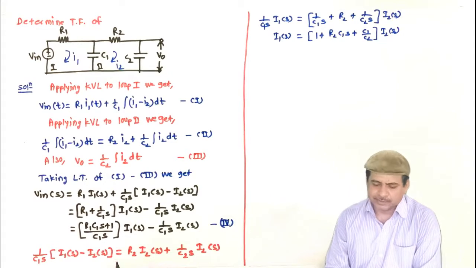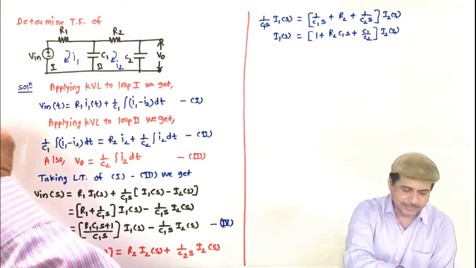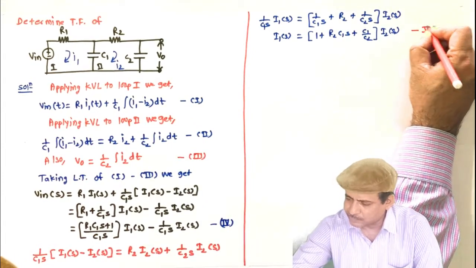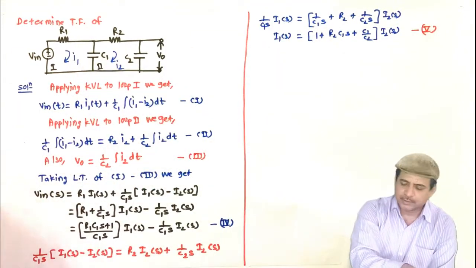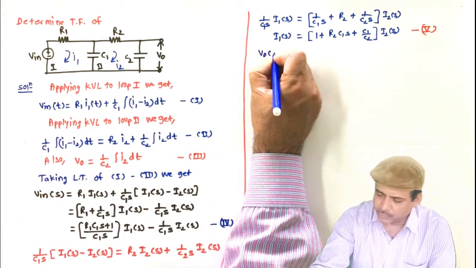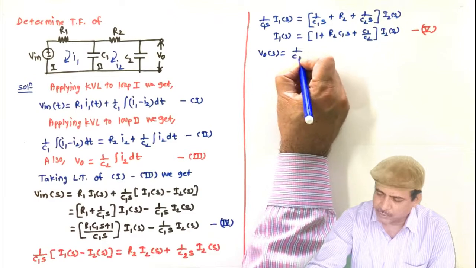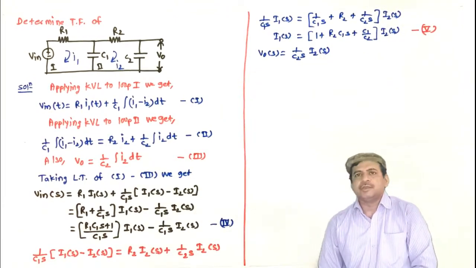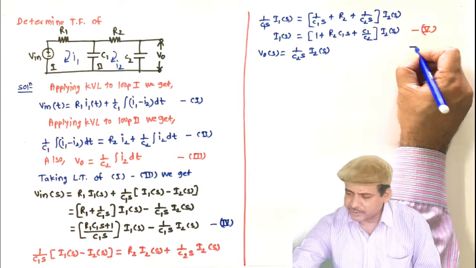Let me make it equation 5. Then applying Laplace to the output, V output of S is equal to 1 upon C2S into I2 of S. Let this be equation number 6.